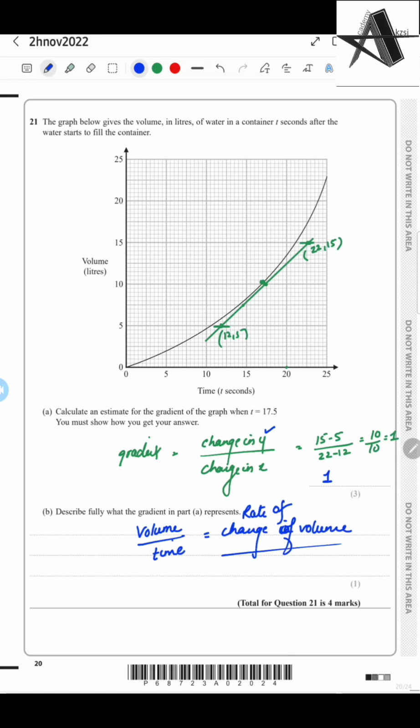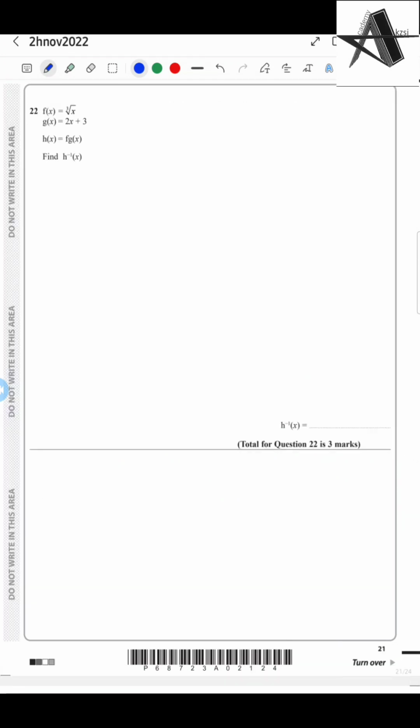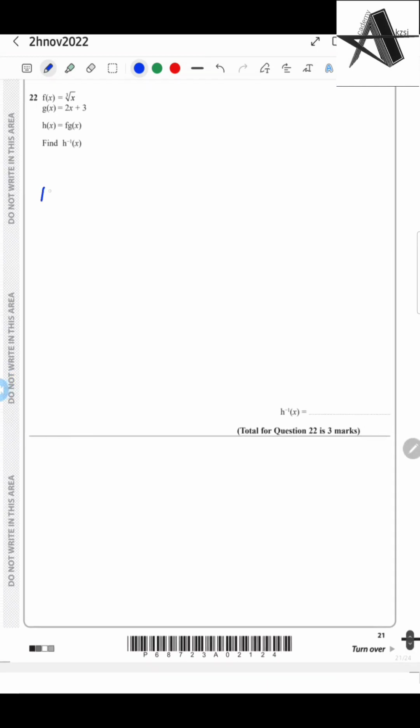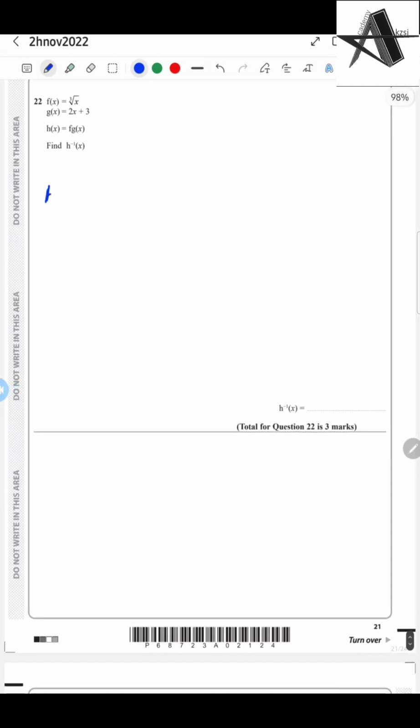Next question: f(x) is equal to cube root of x, g(x) is equal to 2x plus 3, h(x) is equal to fg(x). Calculate h inverse of x. First, let me calculate h(x), which is f of g(x). In the function f(x), cube root of x, I need to replace x with g(x).